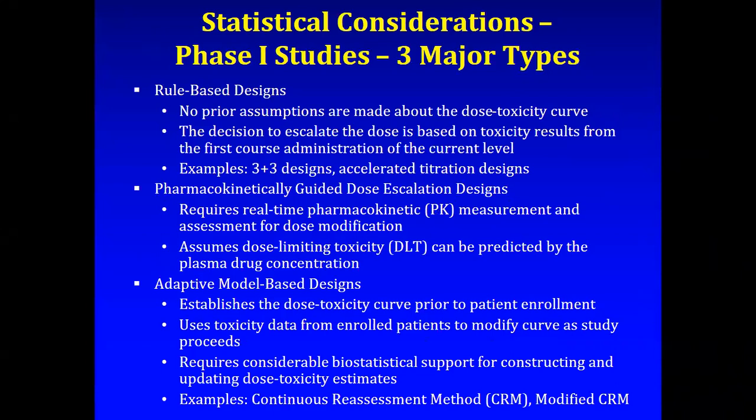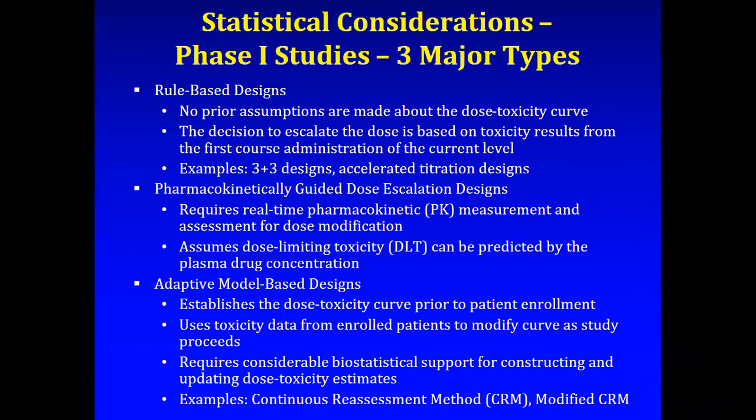And then the third one is adaptive model-based designs. With these, we start out with the design, but the characteristics of the design can change potentially after each patient is enrolled and then evaluated on the treatment.